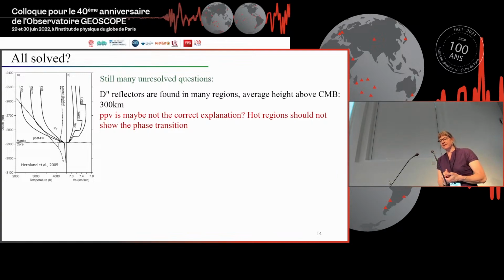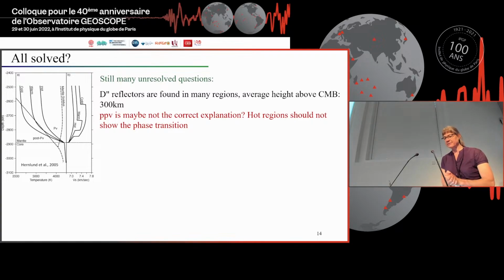We find the D-double prime reflector in many regions, usually around 300 kilometers above the core-mantle boundary, but with strong topography. But we also find it in these low velocity regions that we usually interpret as hotter than average mantle. But if you look at the hot mantle geotherm there, and also the seismic profile on the right, there shouldn't be a reflector, but we still see a reflector.